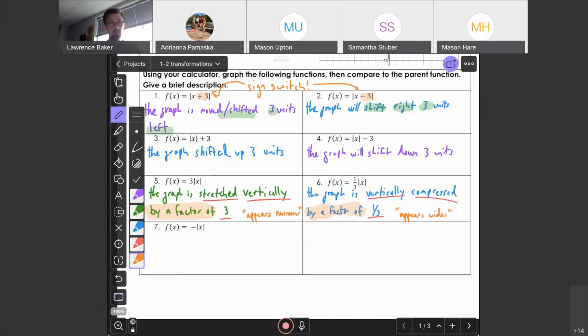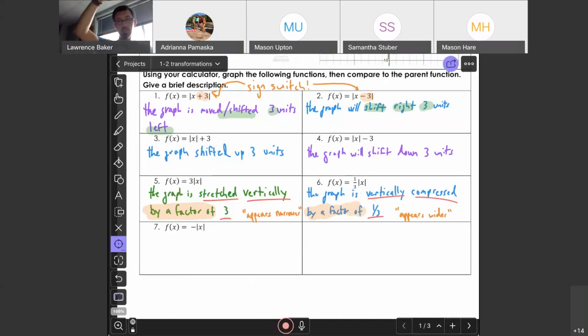You might think that a stretch should make things look bigger, and sometimes the wider ones often look bigger to us. So we have to reconcile the math terminology: it stretches that thing to make it look skinny, right? Compression pushes it down to make it look wide. Okay, so how do you make sure you get the appearance matching up to the vocab? The appearance, the vocab. Okay, so watch out for that.